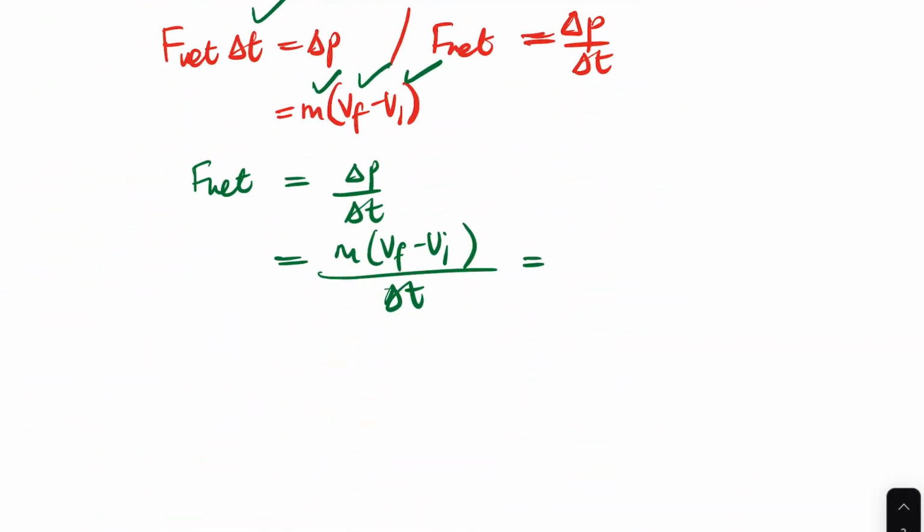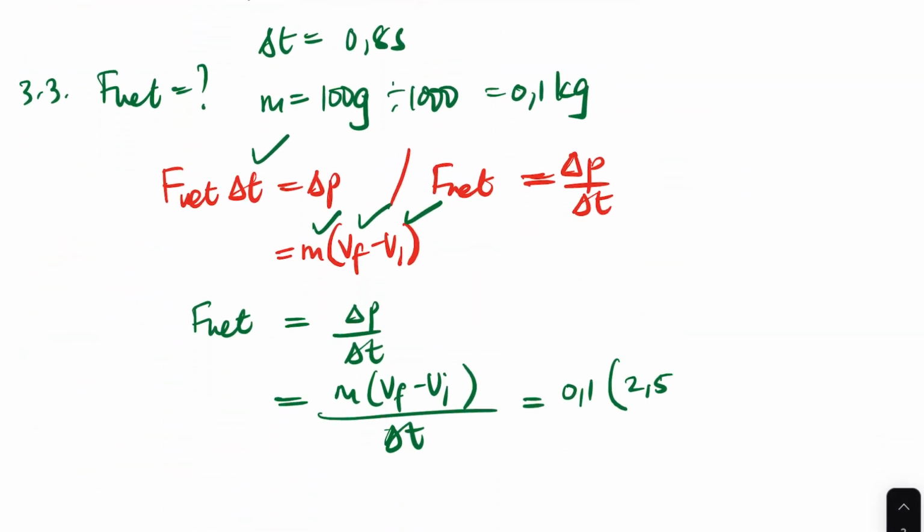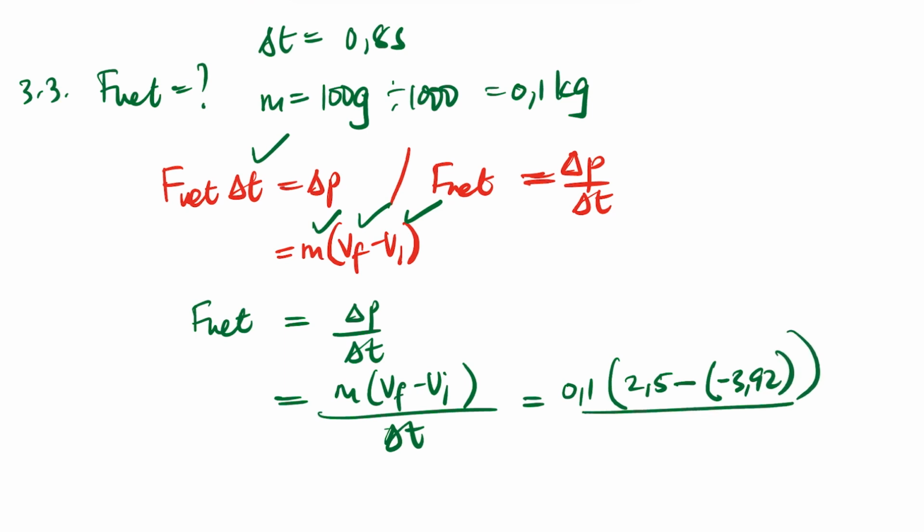So our mass is 0.1. The final velocity is 2.5, which is the velocity after. The velocity before was negative 3.92, divided by 0.1. So these two cancel.